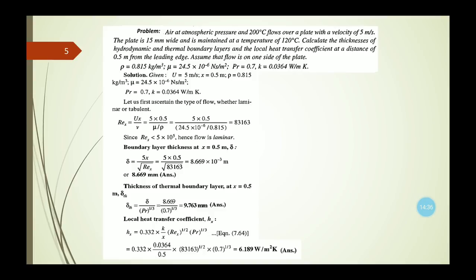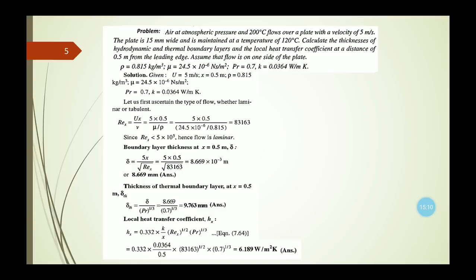The formula for the boundary layer thickness corresponding to the Blasius solution is delta equals 5x divided by root under Reynolds number. The value of x is given in the question, which is 0.5 meter from the leading edge. That means we need to calculate the Reynolds number to find the hydrodynamic boundary layer thickness.